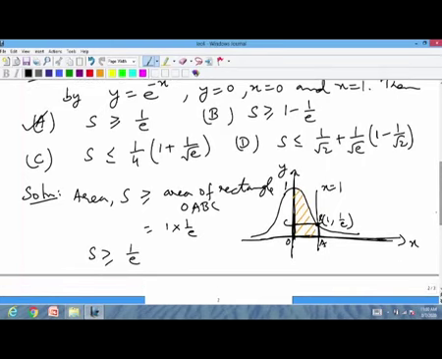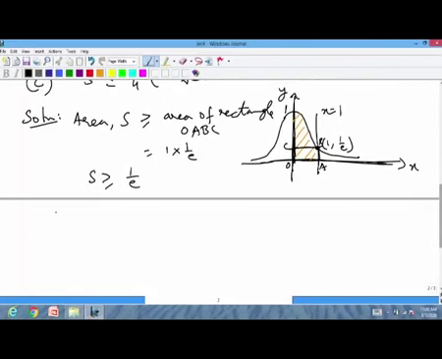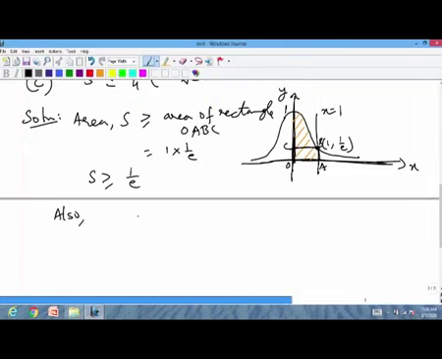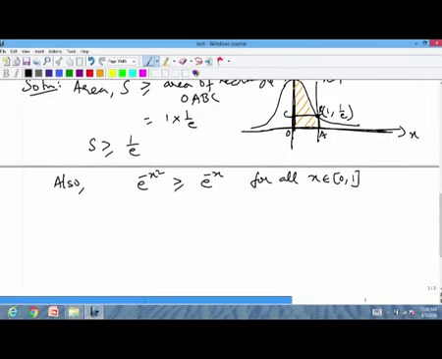Now, B says S is bigger than equal to 1 minus 1 by e. So, if we compare e to the minus x square with e to the minus x, then we see that e to the minus x square is bigger than equal to e to the minus x for all x between 0 to 1. This is because x square is less than equal to x for x in 0 1.